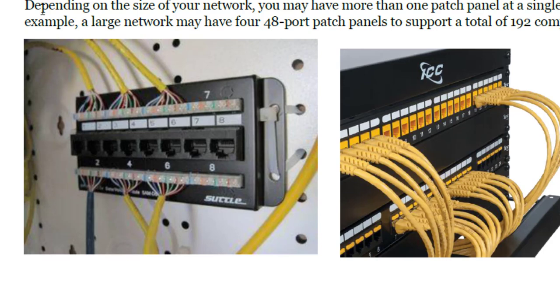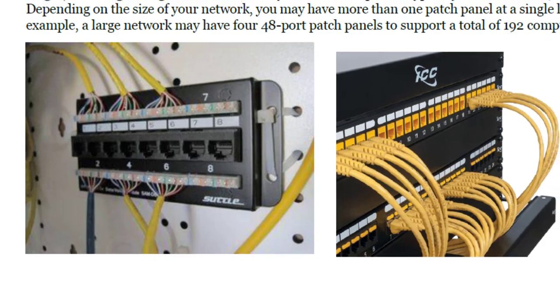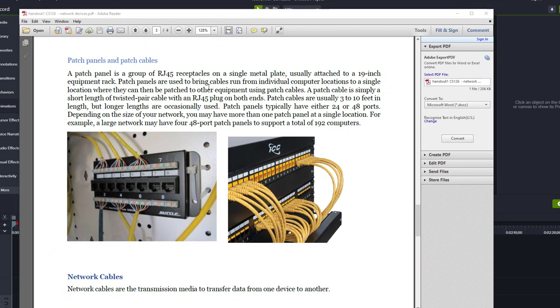A patch cable is simply a short length of twisted pair cable with an RJ45 plug on both ends. Patch cables are usually 3 to 10 feet in length, but longer lengths are occasionally used.